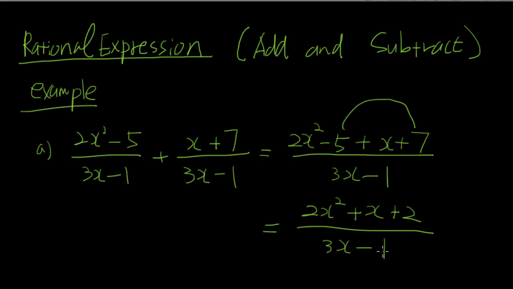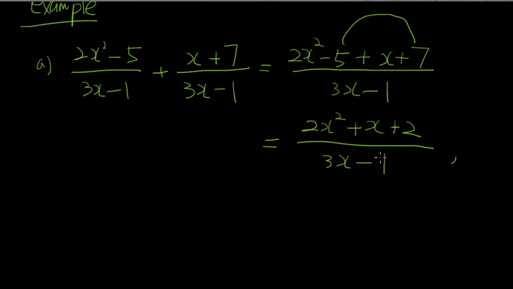Okay, so we also need to check what x value will make this denominator equal to 0. So when do we have 3x minus 1 become 0?